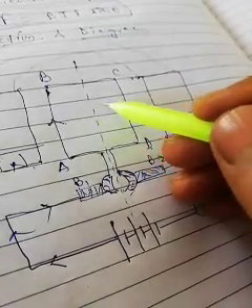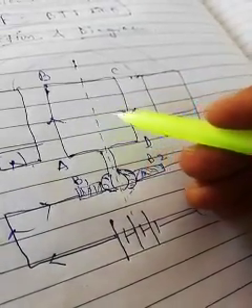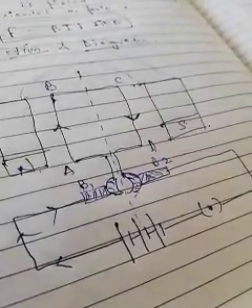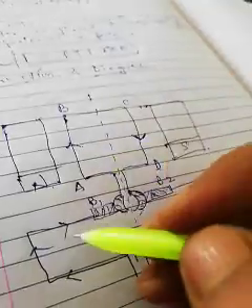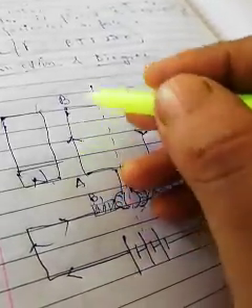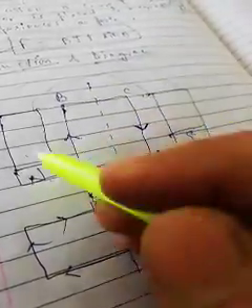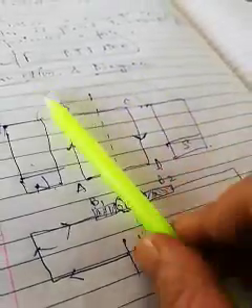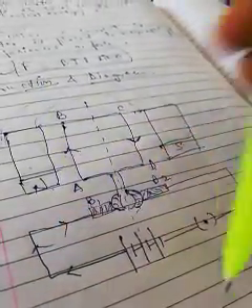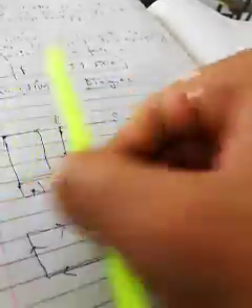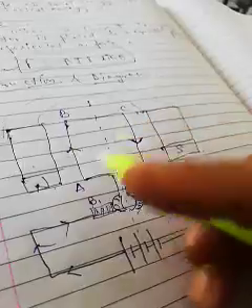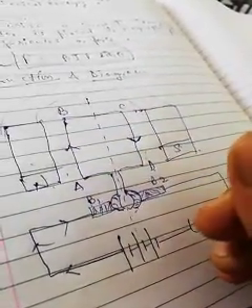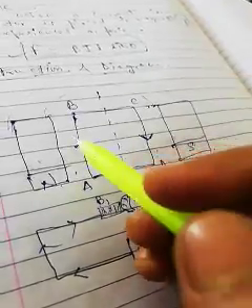When the current flows in the magnetic field, the two sides, AB and CD, will experience forces that constitute a couple and rotate the coil.